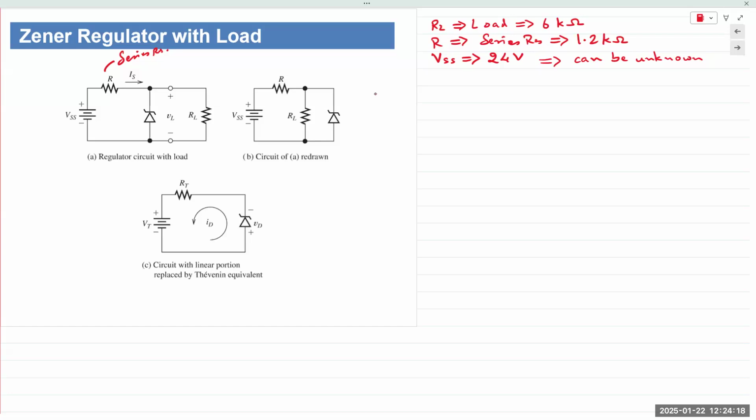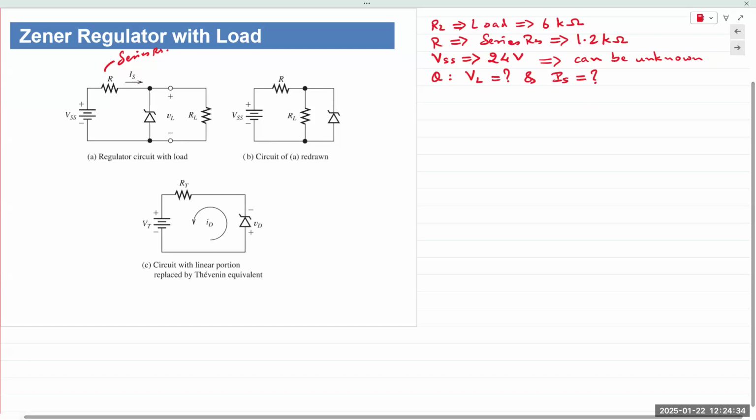Okay, so the question being asked is determine the output voltage VL and the supply current, or the series current IS. Okay, VL and IS.